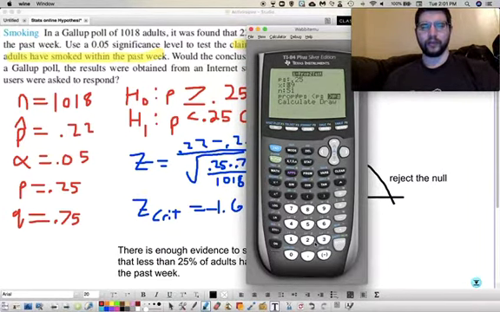X, I already forgot. Okay, so we're going to use 224. N was 1018. And this time we had a left tail.